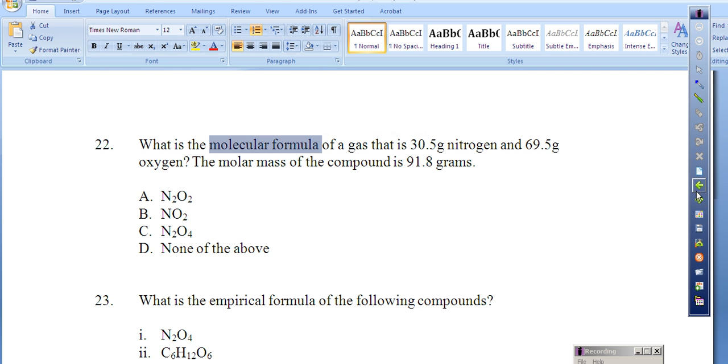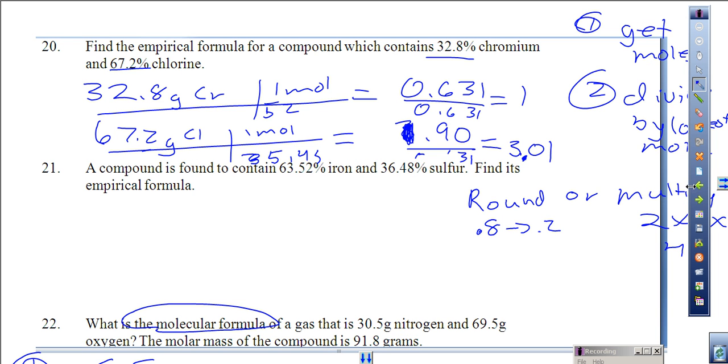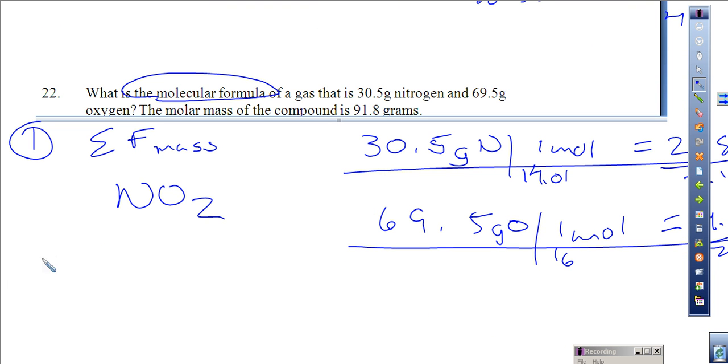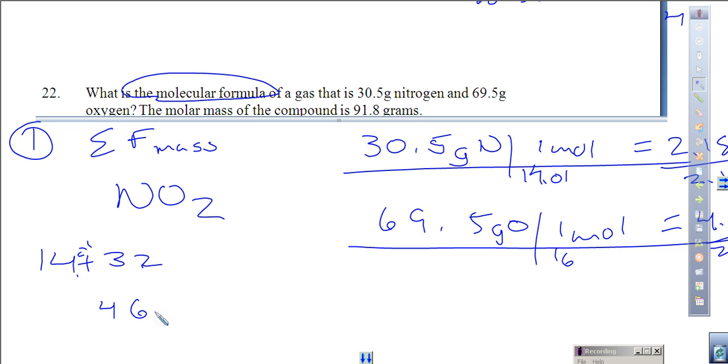So we know what the empirical formula is. Now we need to know the mass of the empirical formula. So that's 14.01 plus 32, obviously 16 times 2. So that becomes 46.01 grams is the empirical formula mass.